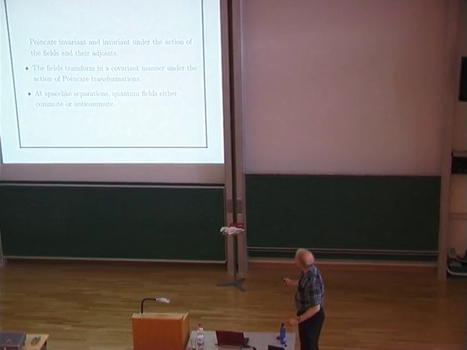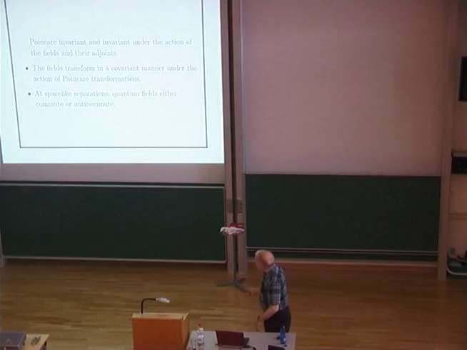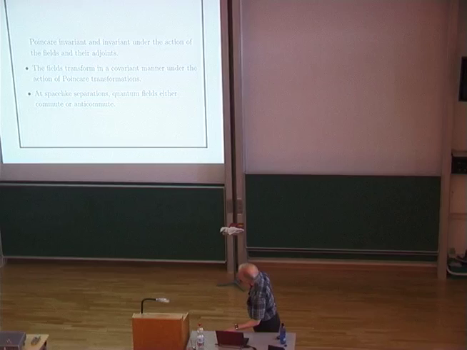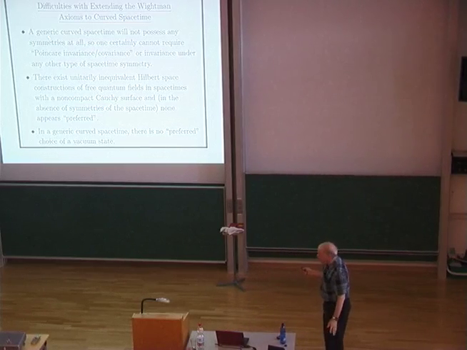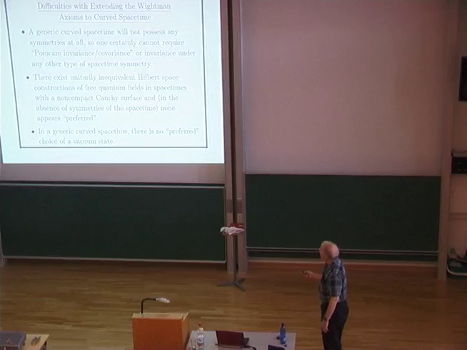So you might say, what's the problem with these in curved space-time? Well, a much easier question to answer is what's okay with these in curved space-time. That's a really short list. What the problems are is practically everything. So one of the most obvious ones is that a generic curved space-time won't have any symmetries at all. So you're certainly not going to require Poincare invariance, but you're also not going to have, in general, any other.